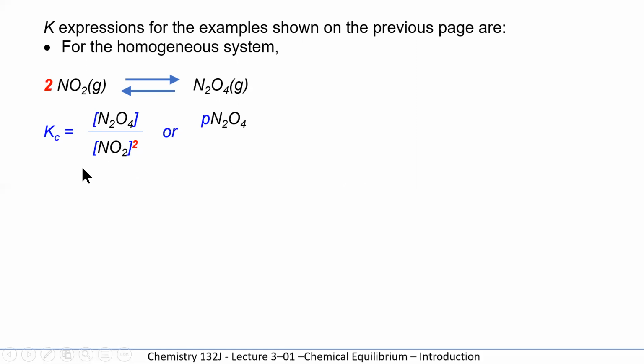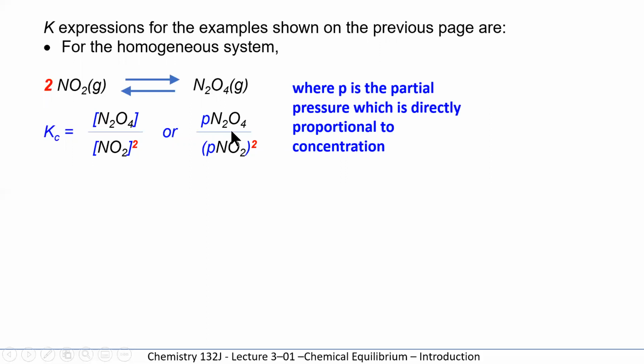Or we could use another value for an equilibrium constant, which is going to give us a different number. We could use Kp, where Kp is derived from using the partial pressure of the gases in the equilibrium mixture: the partial pressure of N2O4 in the mixture divided by the partial pressure of NO2 squared in the mixture.